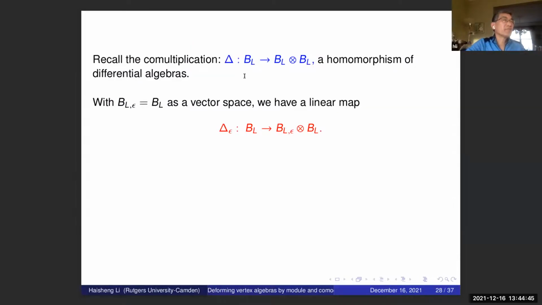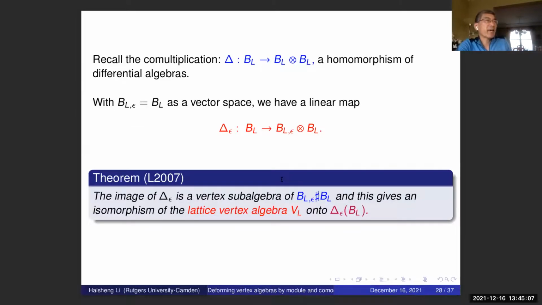And also for BL, we have the co-algebra structure. For BL epsilon, of course, we mentioned that they share the same space as BL. Then we may think, okay, we have this co-map delta from BL to that. So what we have is actually this one. We have BL on the right side, or you can also consider the smash product on the right side, exactly with this as the underlying space.